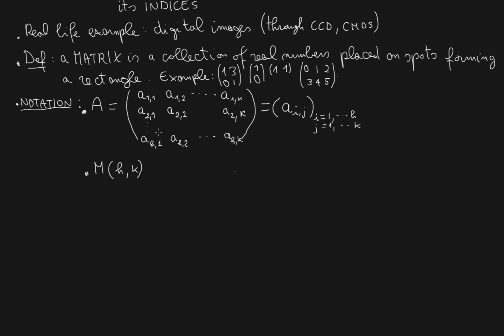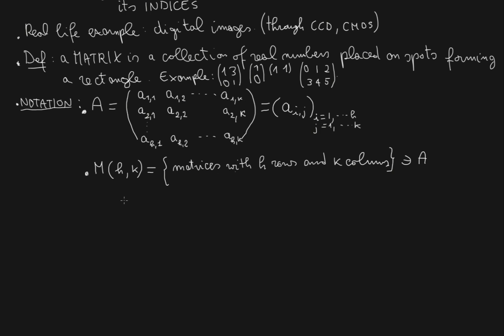This is consistent with this example here, A. This is going to be the set, so we open the curly bracket, of matrices with h rows and k columns. So for example, A was an element of this set.